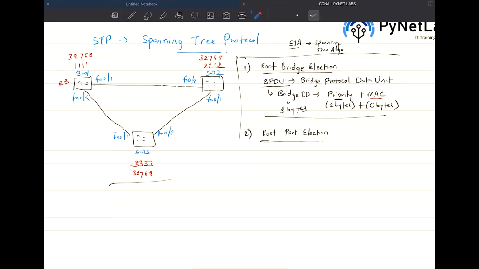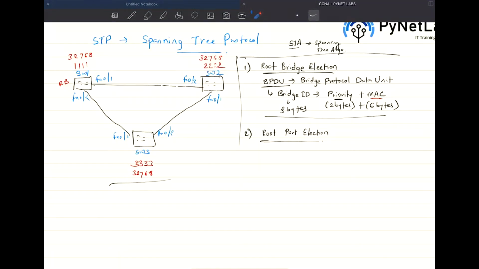So root port is elected to the port that has lowest distance or lowest cost in order to reach out to the root bridge. Meaning switch 2 has two interfaces that it can use in order to reach out to switch 1. Right? First interface is FA0/2 and the second interface is via FA0/1. What would be the cost in order to reach out to the root bridge by using FA0/2? Can I say 19? Right? Okay.